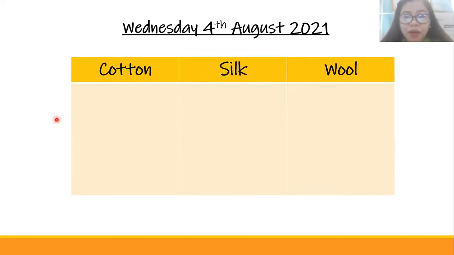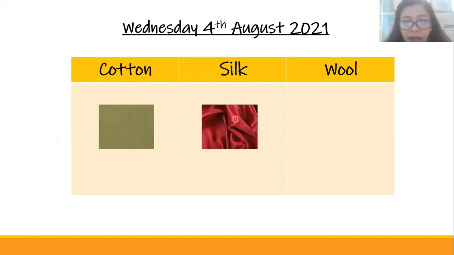You have to cut examples from old clothes you have at home. Clothes that are made of cotton, made of silk, and made of wool. Cut just a small piece, just like this one, and that one.